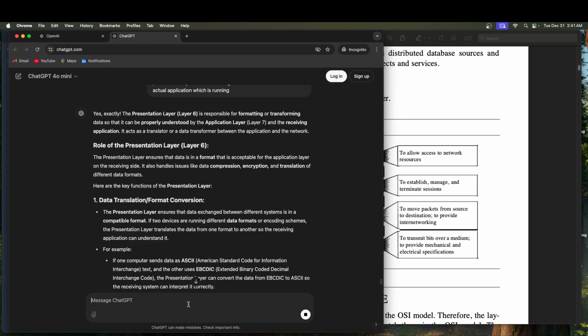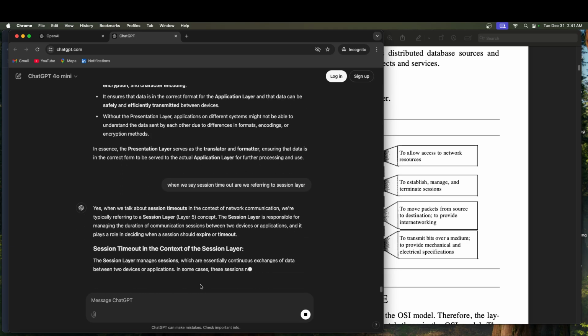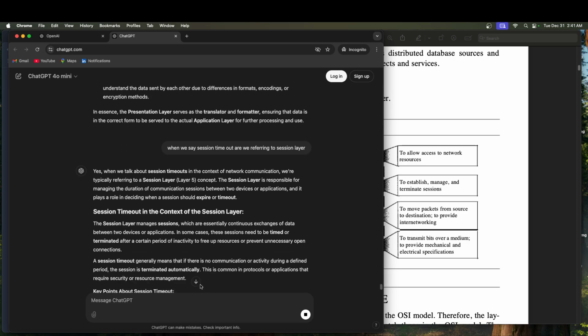Okay, now see when we say session timeout, are you referring to the session layer? In many websites you have an option called timeouts.